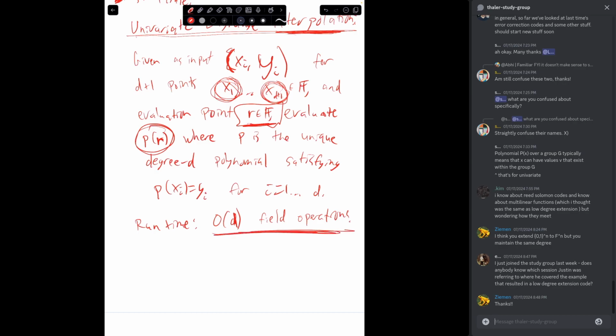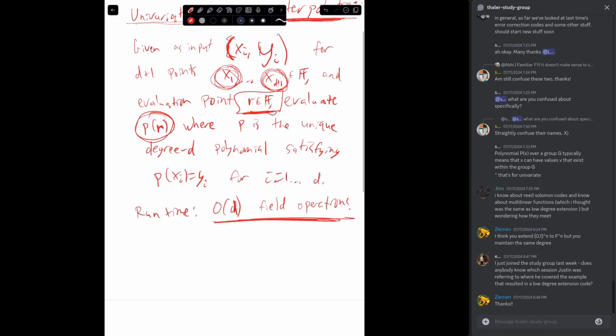You should think about this description of the polynomial p in terms of its evaluations over an interpolating set as just a way of describing the polynomial.